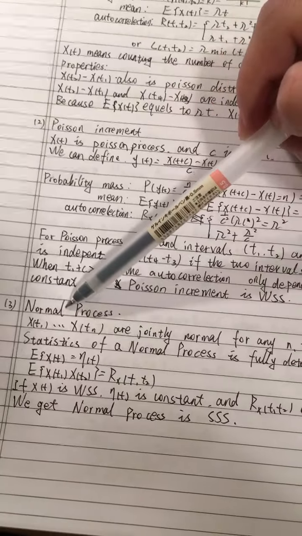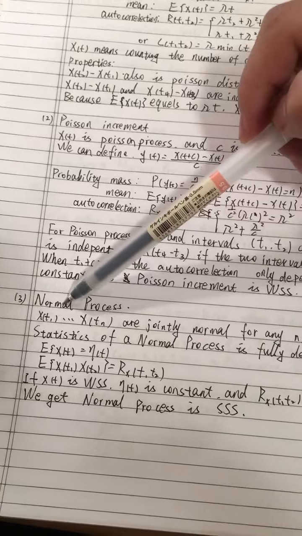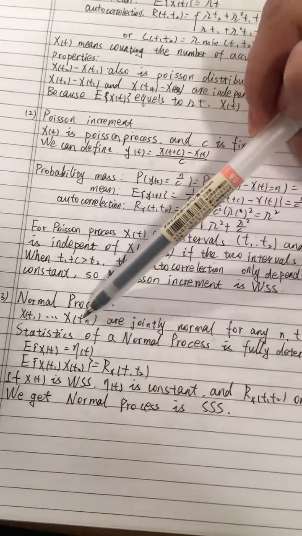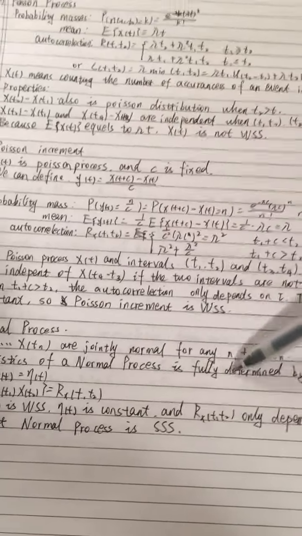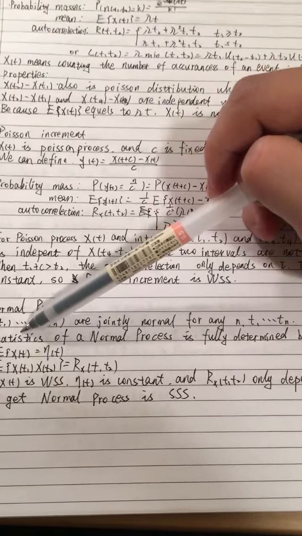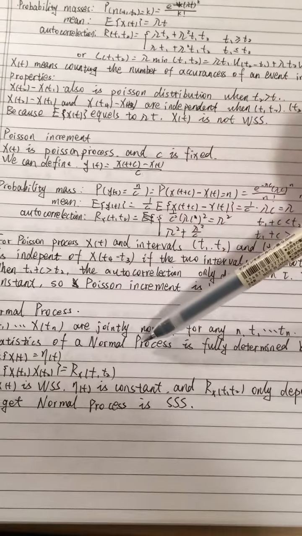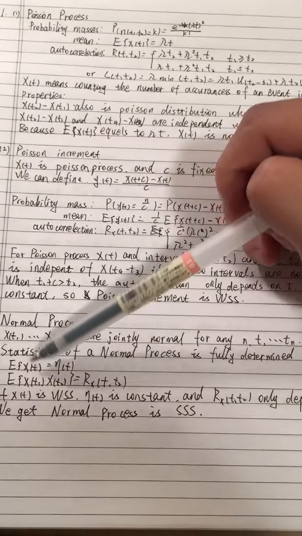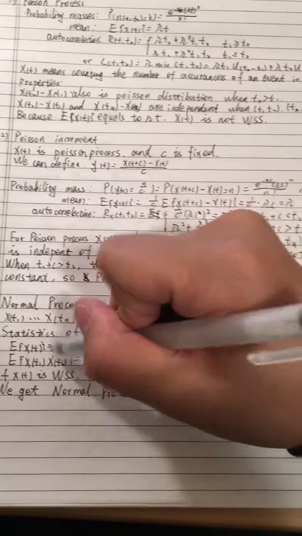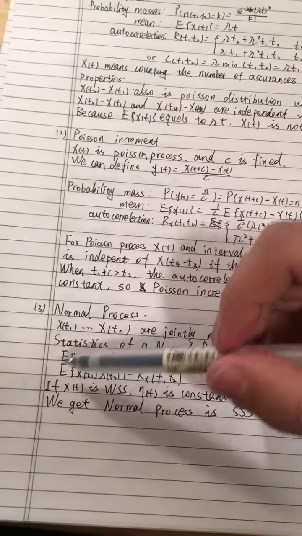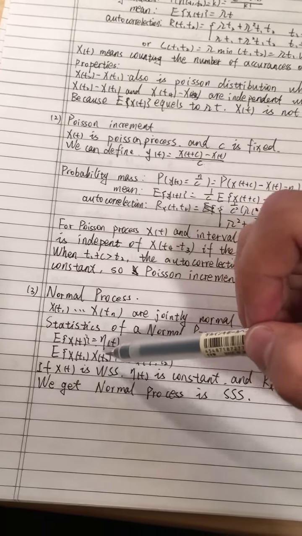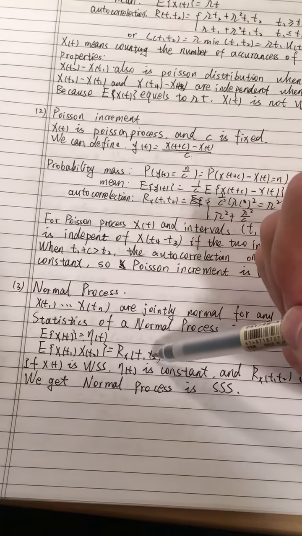For the third question, normal processes: X(t1) to X(tn) are jointly normal for any n and t1 to tn, and the statistics of a normal process are fully determined by E[X(t)] equals mu(t), and E[X(t1) multiplied by X(t2)] equals R_X(t1, t2).